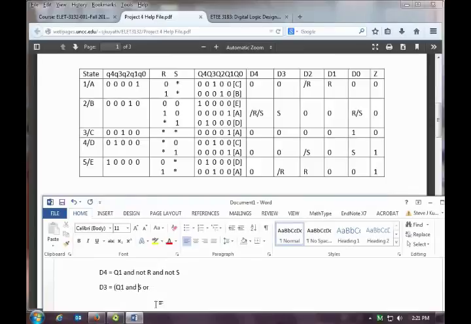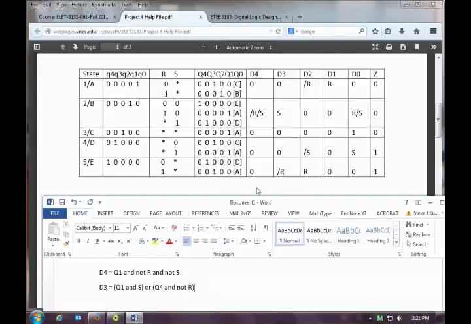And I'm going to show you something here in a minute. It might be easier to do the VHDL first here, and that would be this one, Q4 and not R.